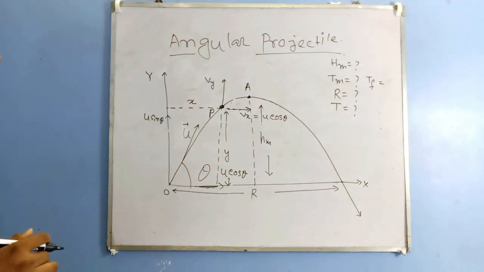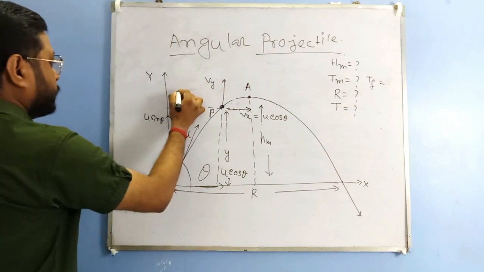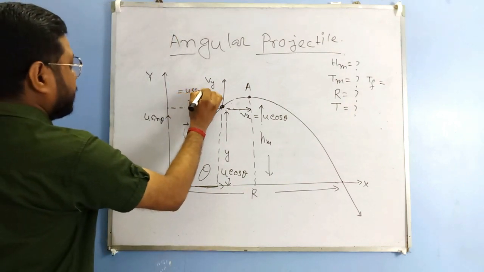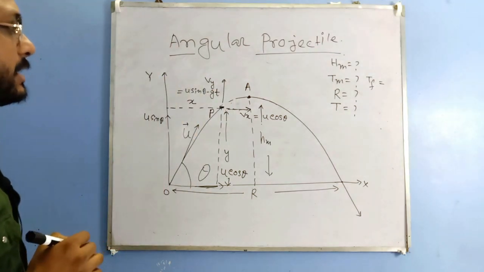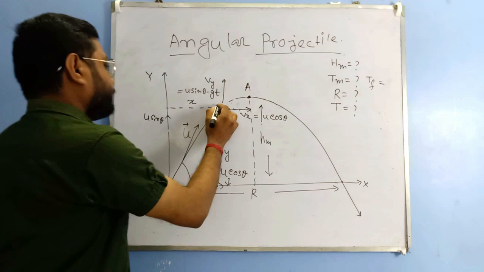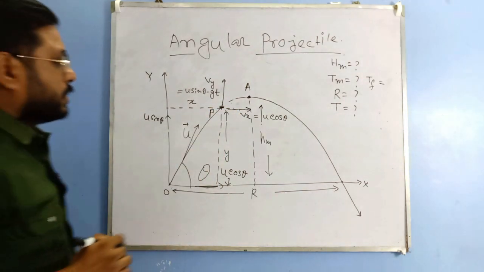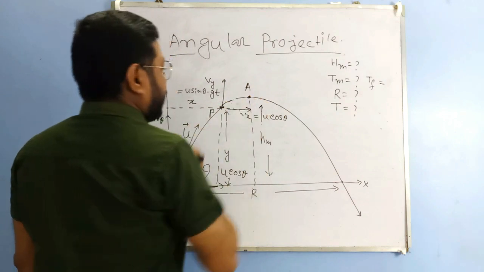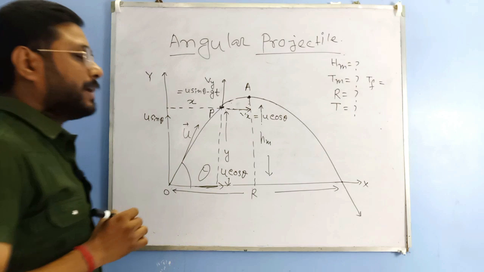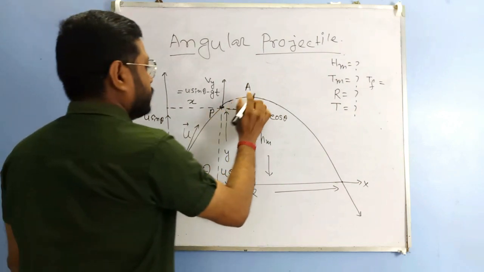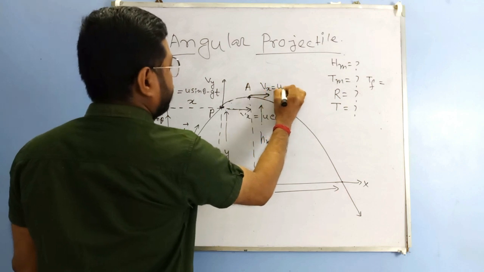After time t, Vy has some certain value, and we can prove that Vy equals u sin theta minus gt, where t is the time to reach from point O to P. At maximum height, the vertical velocity Vy is 0, but it has a horizontal component Vx equal to u cos theta.